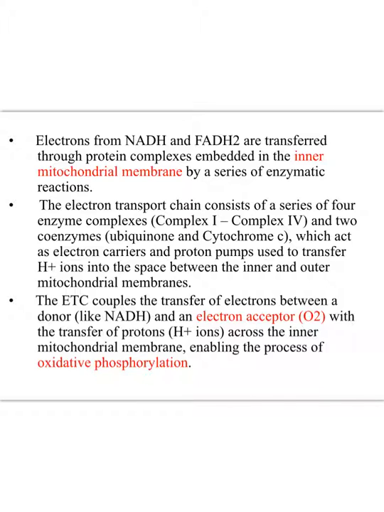These are going to be proton pumps and electron carriers that are going to be bouncing hydrogen ions. Remember, these are simply hydrogen atoms that have had the electrons stripped off. And these are going to be pumped into the spaces between the 2 mitochondrial membranes. And as it's bouncing along these hydrogen ions, you're bouncing along electrons. And at the very end, you're going to have an electron acceptor, which is oxygen, which is why you have to have oxygen, which is why this is called aerobic metabolism.